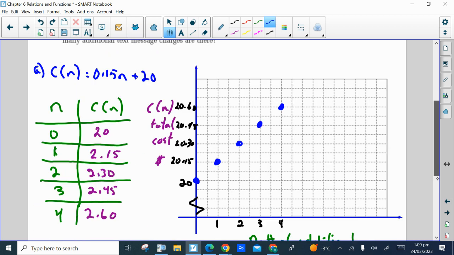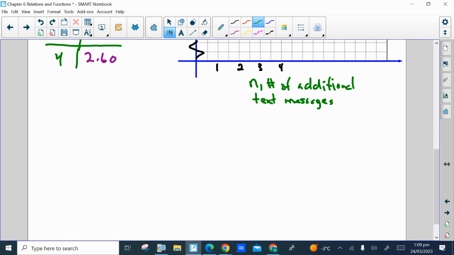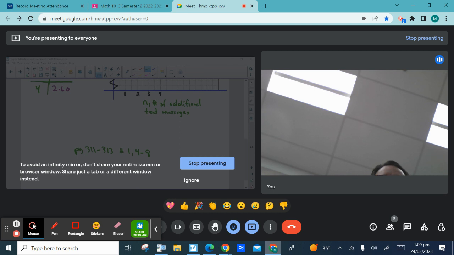So you should write down these questions because you should be doing these for practice. And I will put the answers for these ones on Google Classroom so you can check your work. So on page 311 to 313, numbers 1 and 4 through 8. Work on those questions for practice. And I will post the solutions.